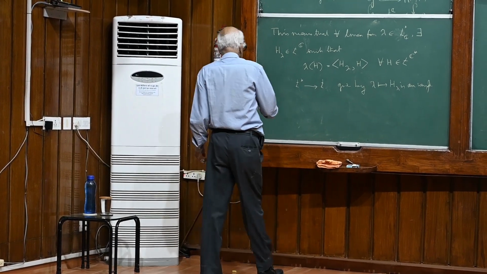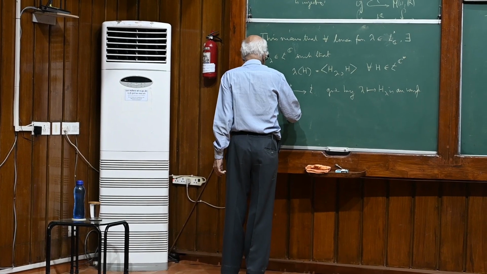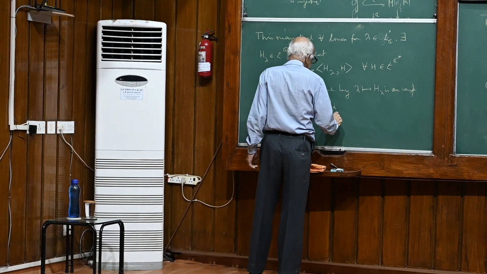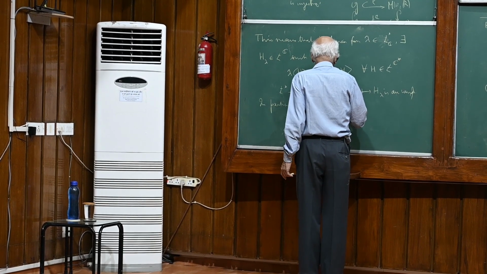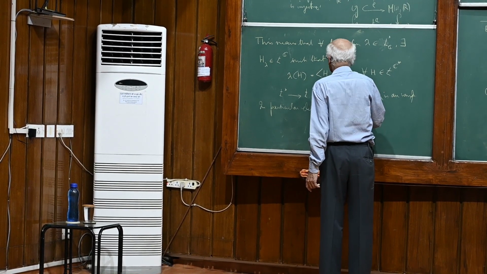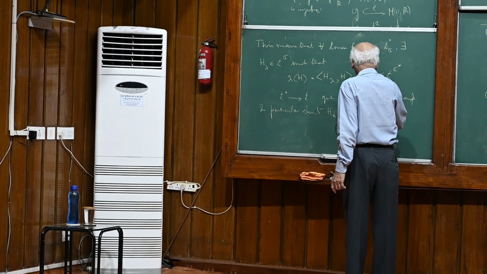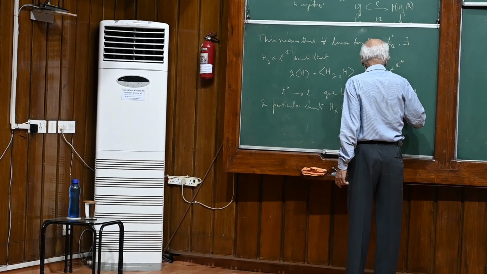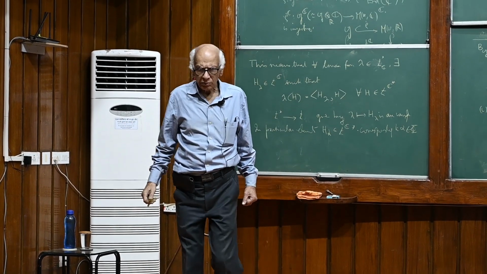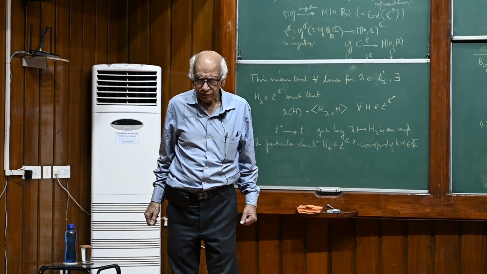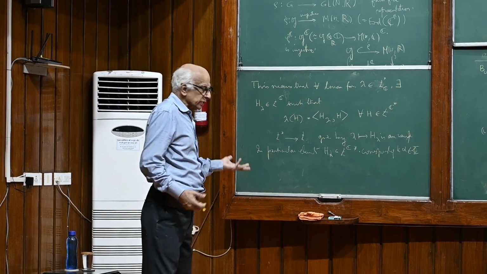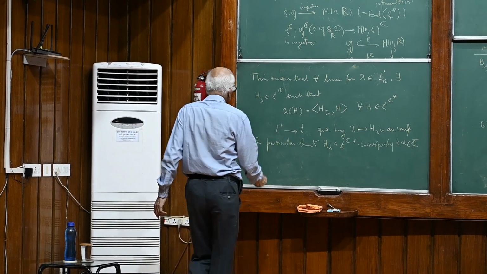In particular, we have elements H alpha in Tc corresponding to the roots. So you are identifying Tc star with Tc by this form.